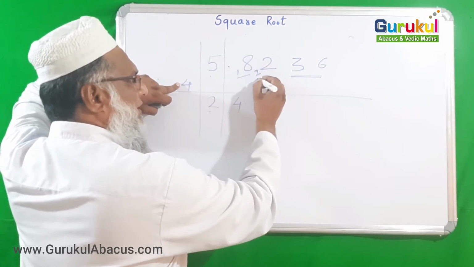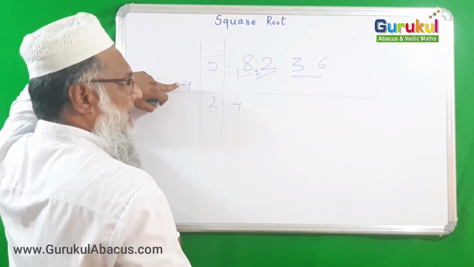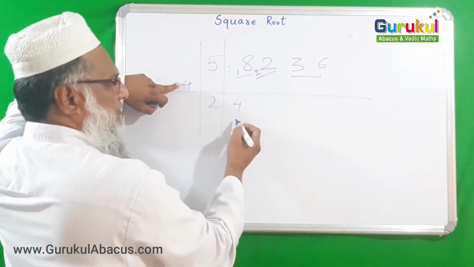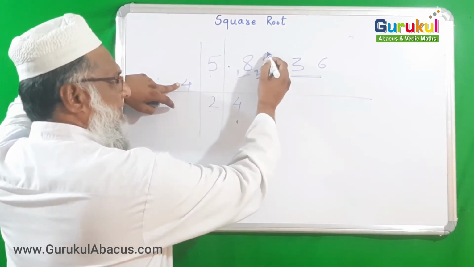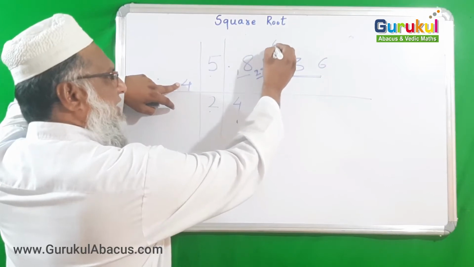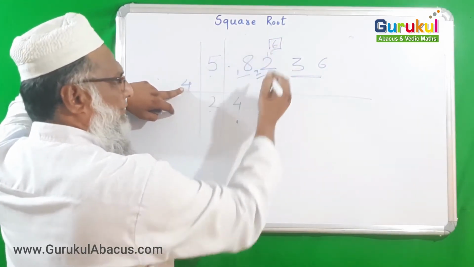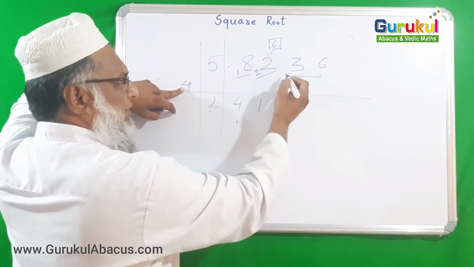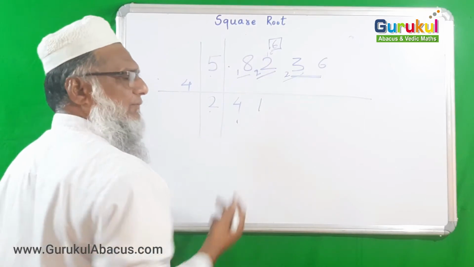So now it is 22. From 22 I should subtract the dvandva of this one digit. 4 4s are 16. Subtracting that, I am getting 6 here. If it is 6 with me, then I can say 4 1s are 4. Remaining 2, that I am writing here.